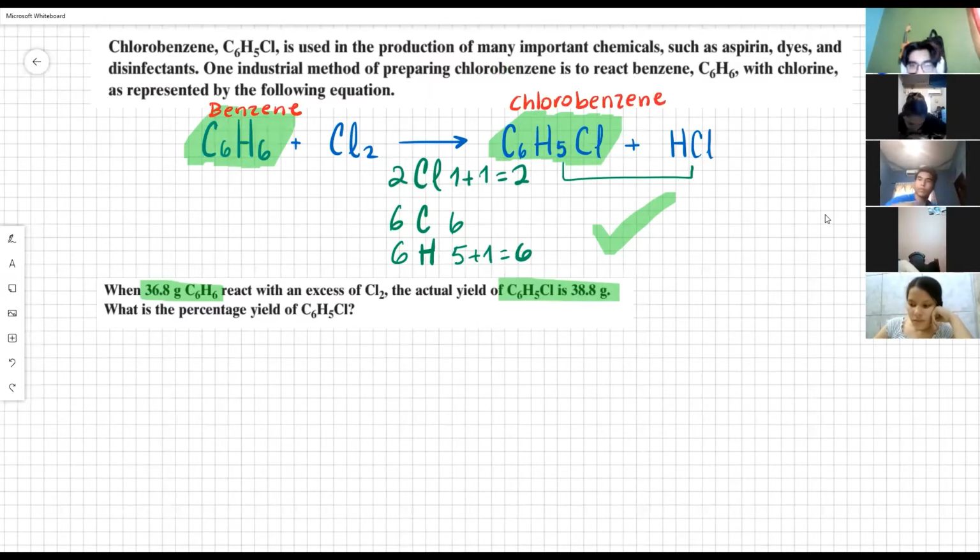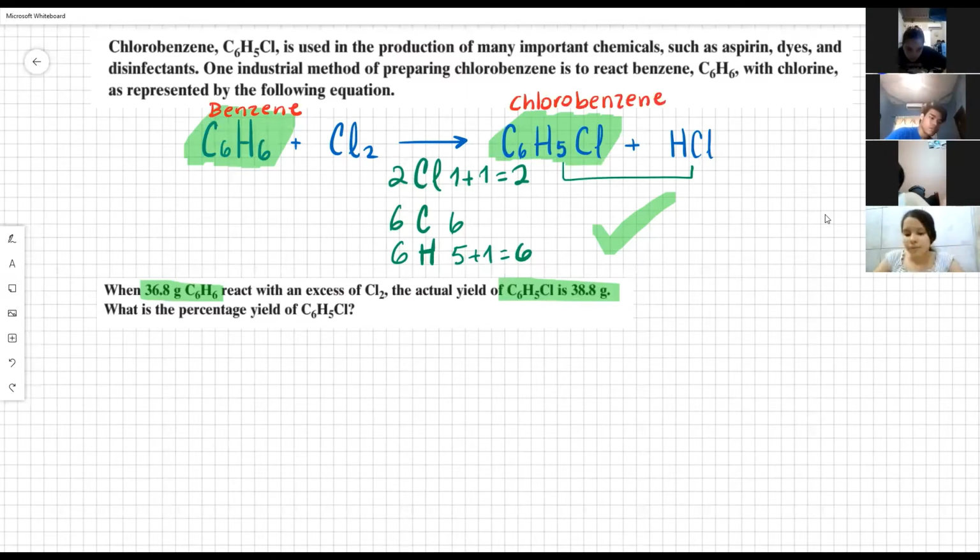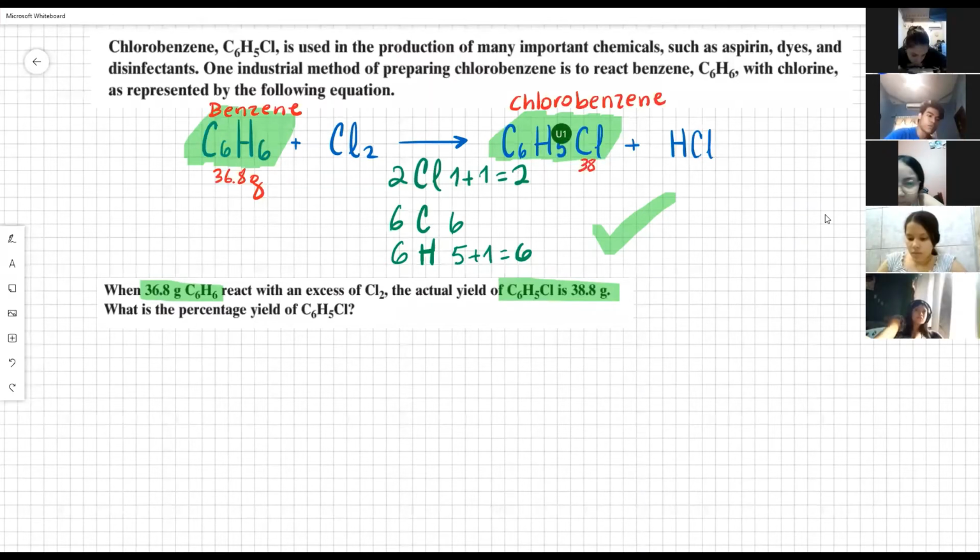Okay. It says they are given 36.8 grams, okay, and according to what you obtain in the lab, it says the actual yield is 38.8 grams. This is what you obtain in the lab.